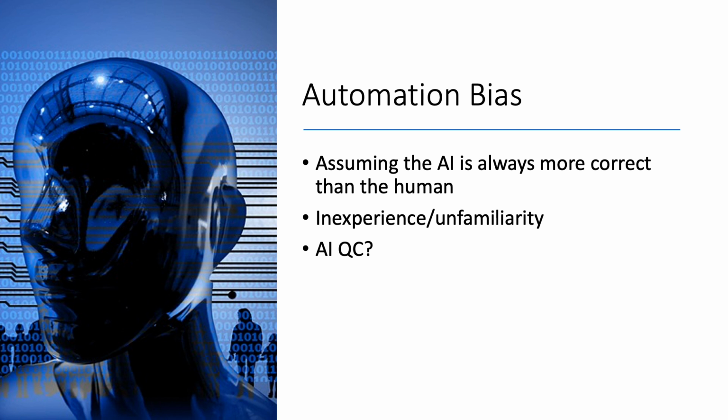And we need to train radiologists when we are training them to use this technology, and also our future generations of radiologists who are going to be learning in an environment where AI is a little bit more native than it is now, to always think about what the expected outcome might be, particularly for things that we can validate and verify visually, and to not always assume that the computer is always right.